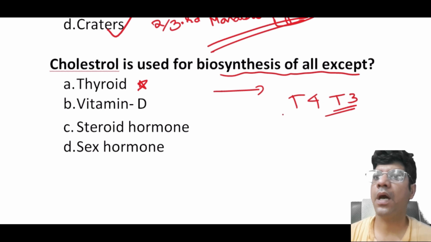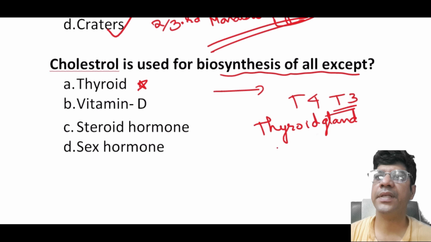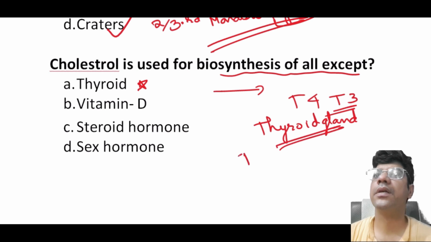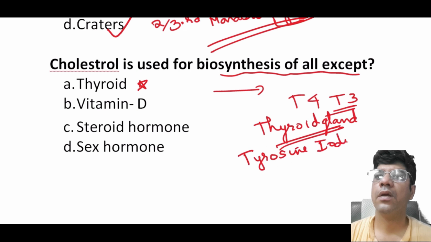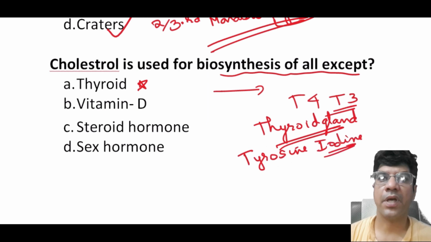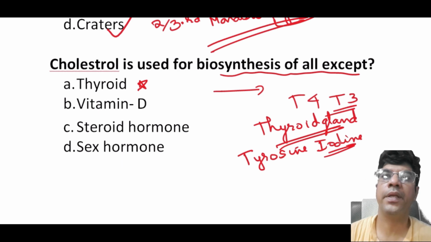The thyroid hormones are synthesized primarily in the thyroid gland from the amino acid tyrosine and iodine. The process of thyroid hormone synthesis involves the incorporation of iodine onto the tyrosine residues within the thyroglobulin.